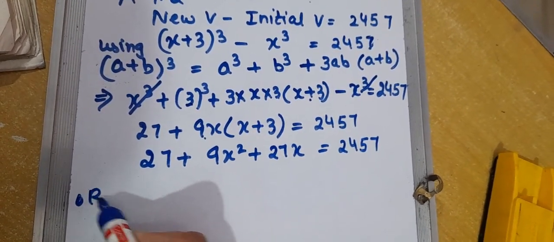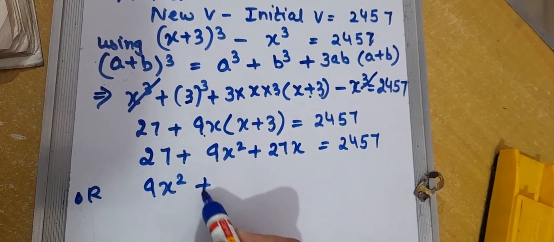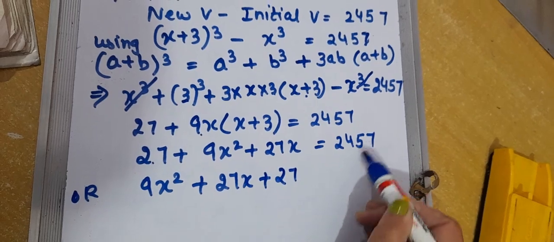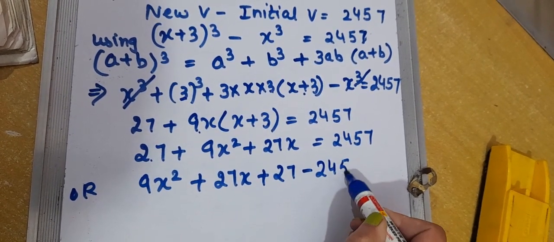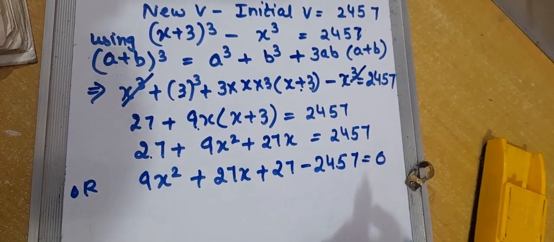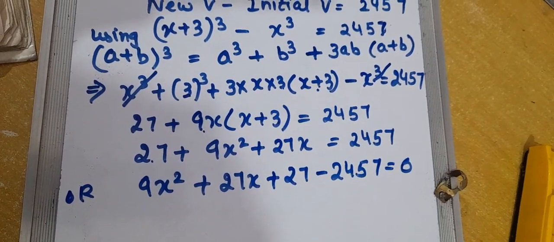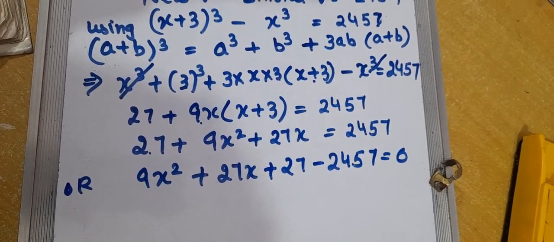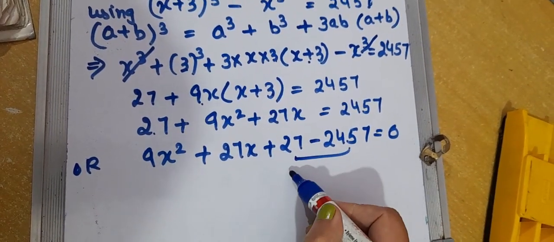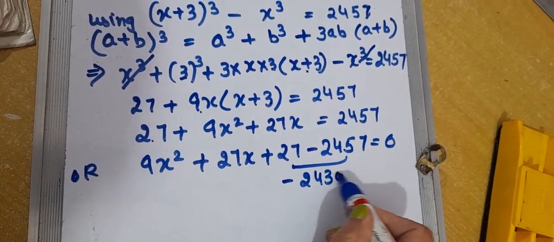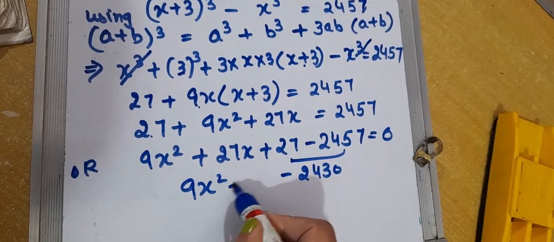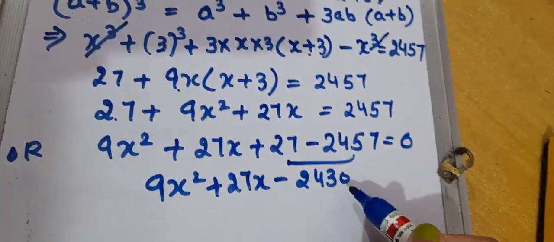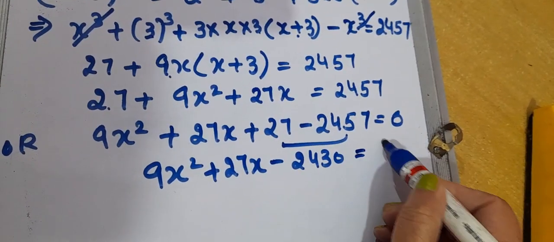And 9x square plus 27x plus 27 minus 2457 equals to 0. 2457 minus 27, solving this you get 2430. So 9x square plus 27x minus 2430 equals to 0.